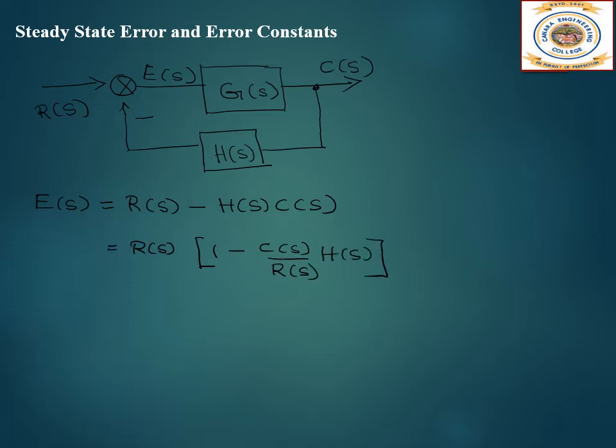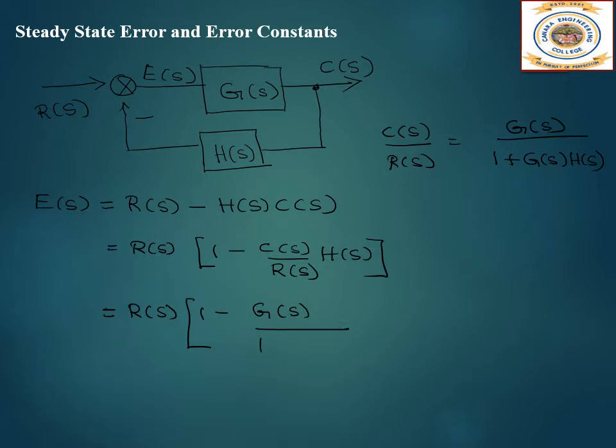But what is C of s by R of s? We already know, for a negative feedback system, C of s by R of s is G of s divided by 1 plus G of s H of s. So let us substitute it over here. R of s into 1 minus G of s divided by 1 plus G of s H of s, into H of s which is already there.